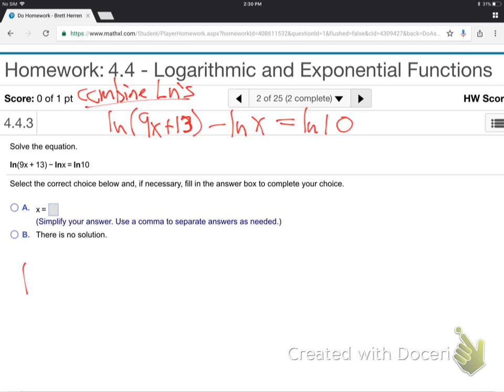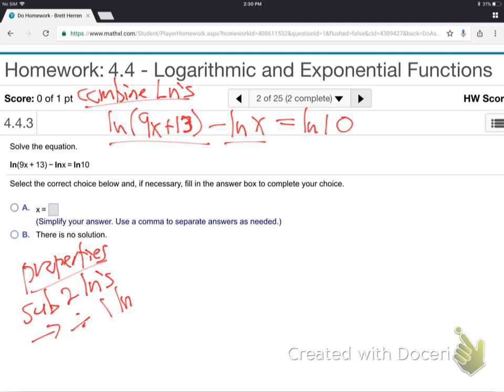Remember the properties? They're still on the board. These properties are true for the log word or the ln word. Same thing, it's just a different kind of log. Same properties. Subtraction for 2 lns becomes what? Division for 1 ln. Remember that?